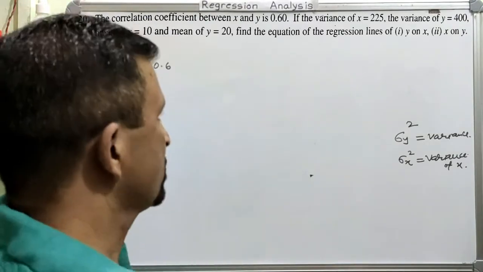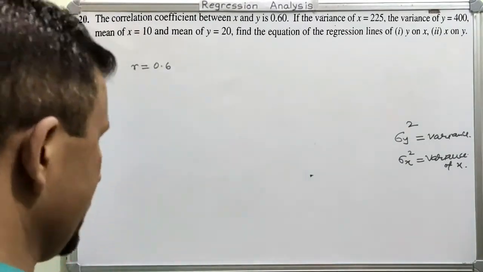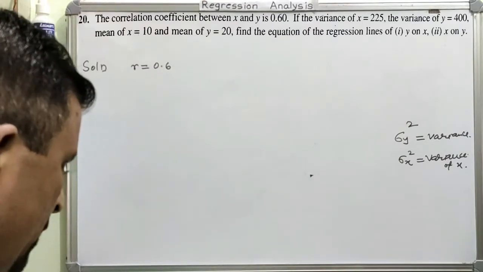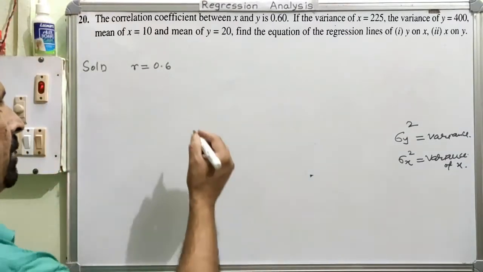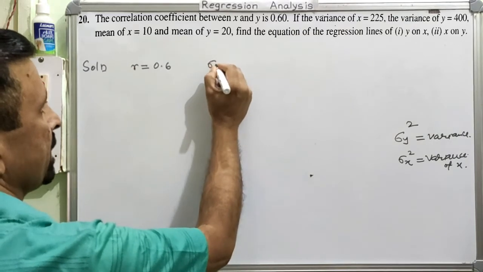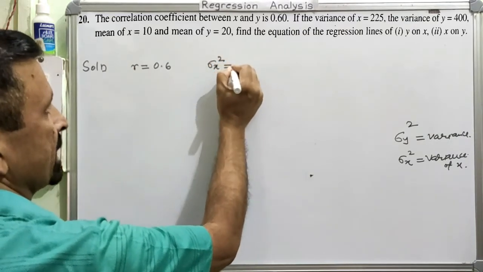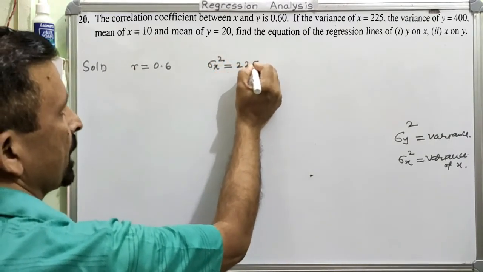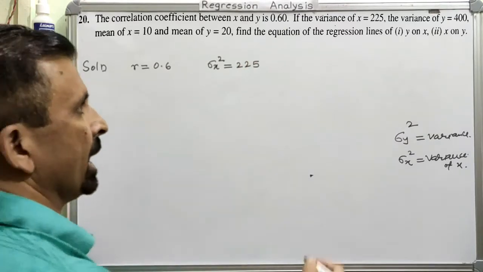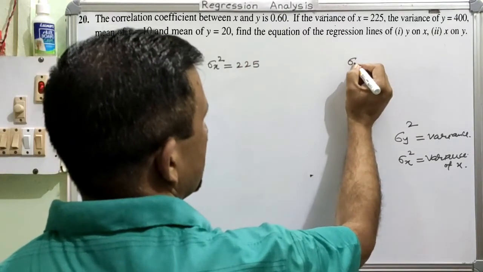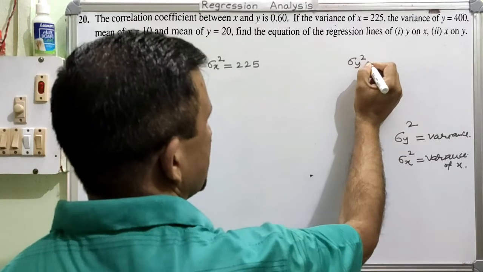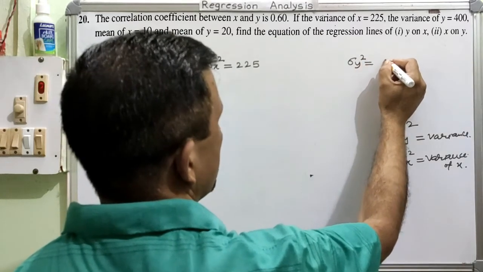So here the variance of x is given as 225. That means sigma x square is 225. And the variance of y, that is sigma y square, is equal to 400.